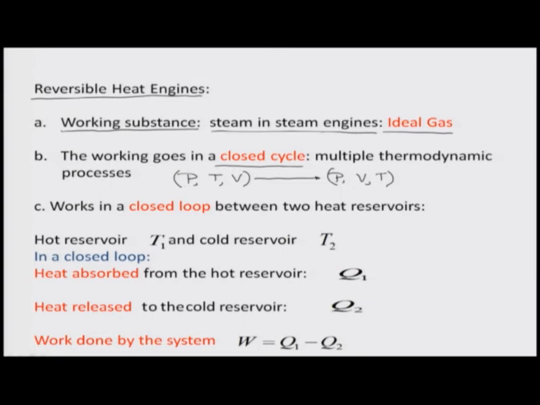I start from initial values of pressure, temperature and volume, and my final value should also be the same P, T and V. This is a cycle. An engine goes in a closed cycle. That is obvious. It has to go in a closed cycle so that we can keep on getting work from the engine.